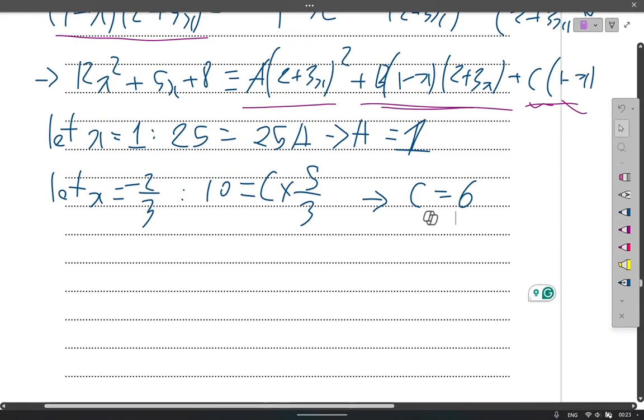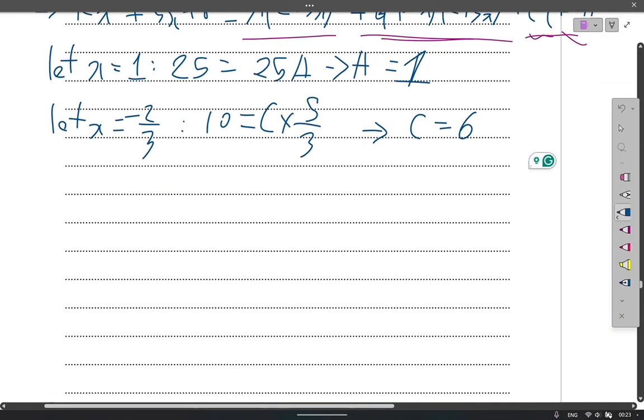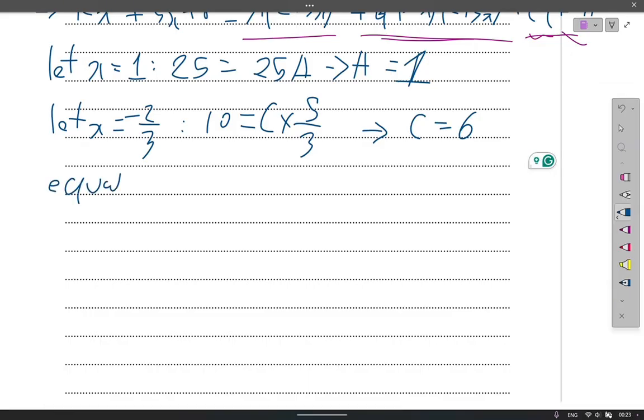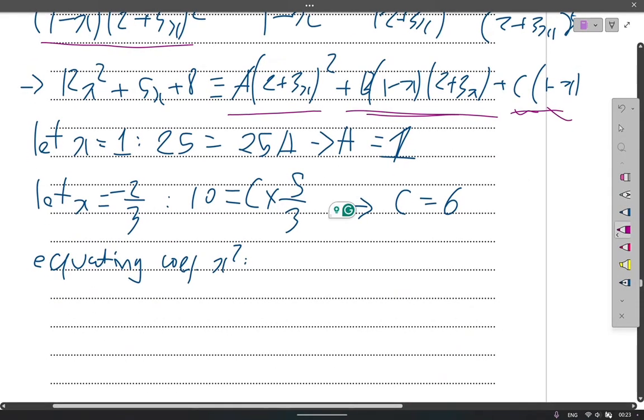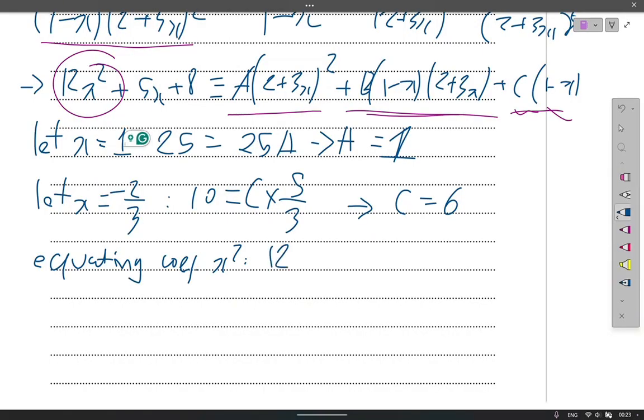So to find b, we can equate the coefficients of x squared, and on the right hand side we have 12 as the coefficient of x squared.